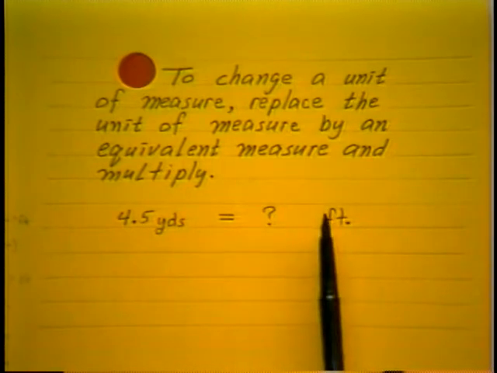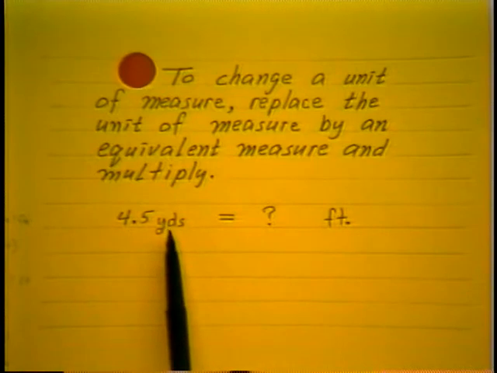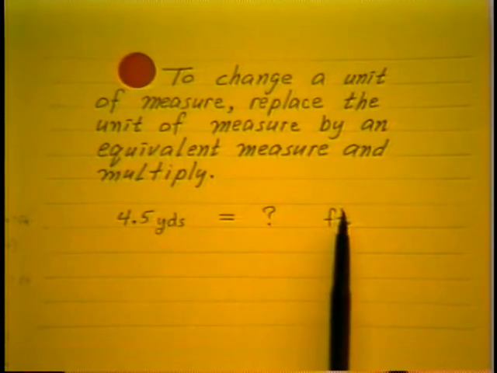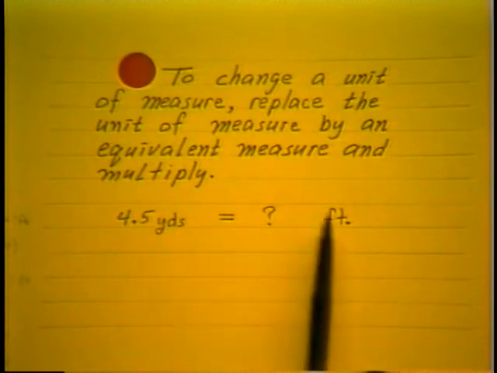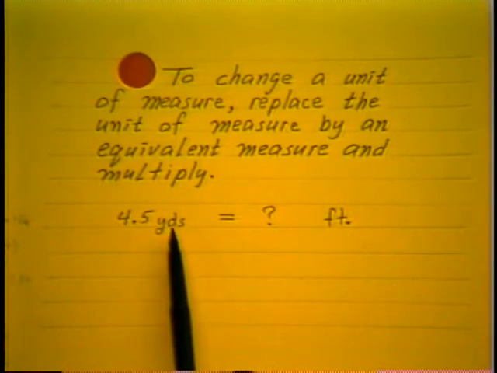Now first, to even be able to do it, they must both be measuring the same thing. This is length and so is this. I cannot change yards to pounds. They must be measuring the same kind of a thing. Lengths, areas, volumes, pounds, or weight, or whatever it is.